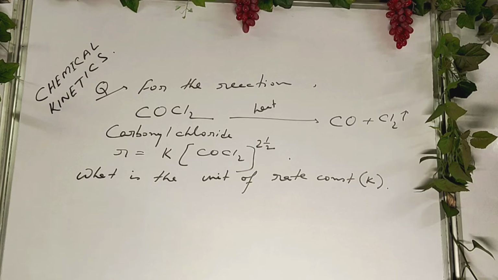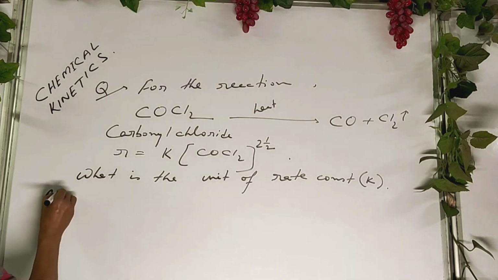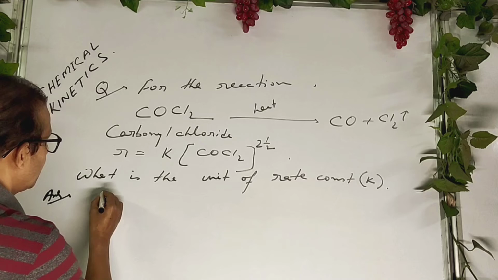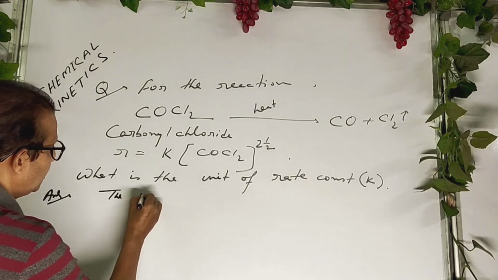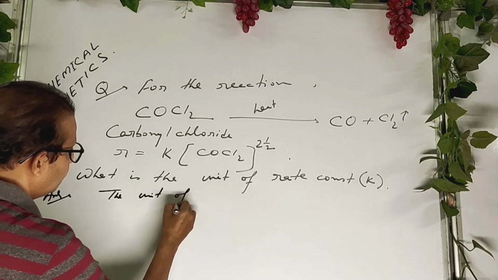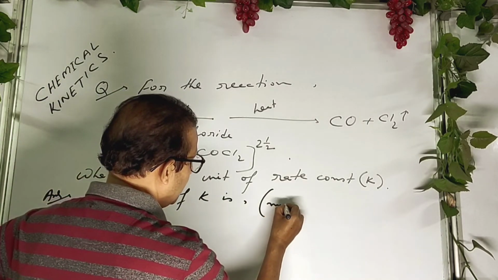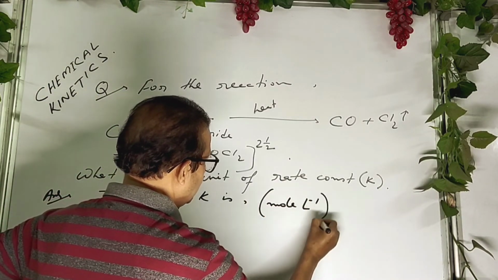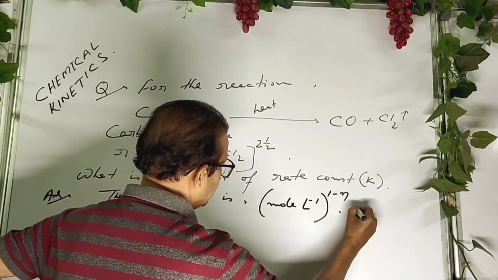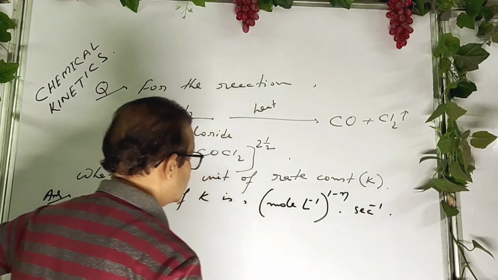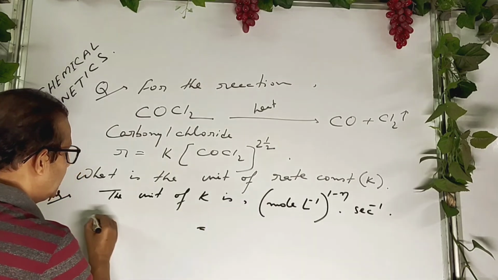Just write the general formula of unit of rate constant. The unit of K is, just write the formula, mole per liter to the power 1 minus n into second inverse.